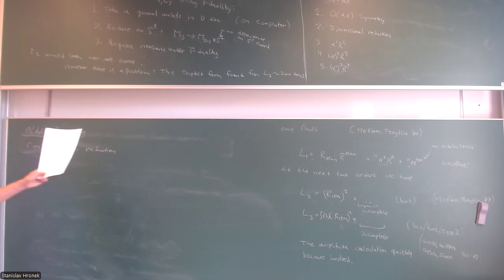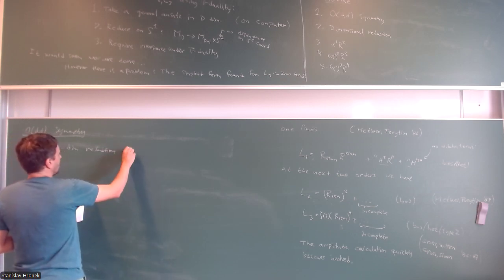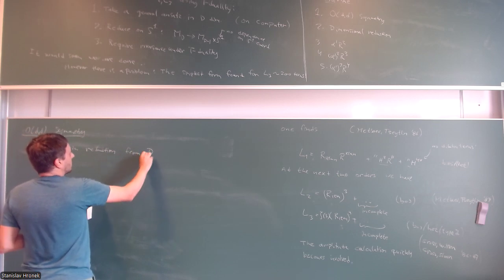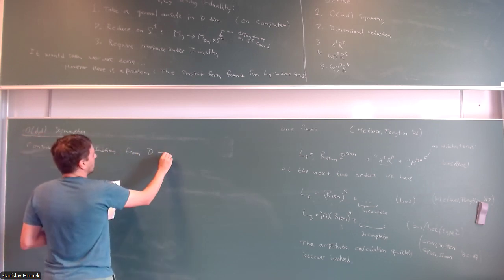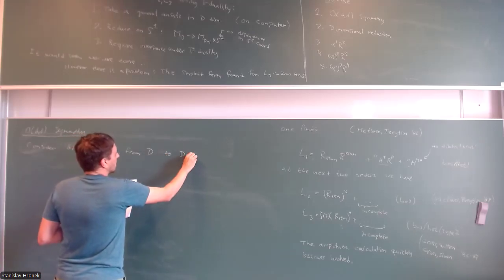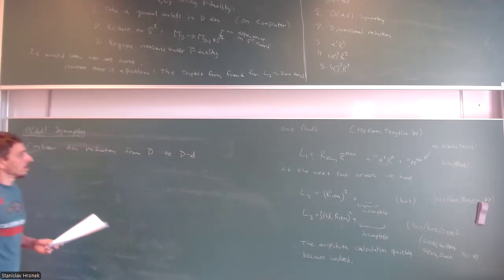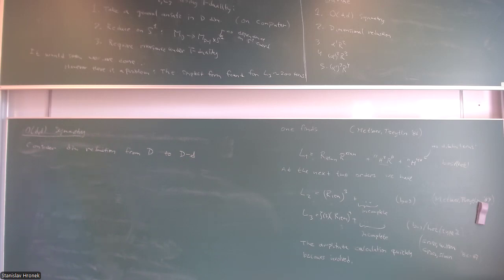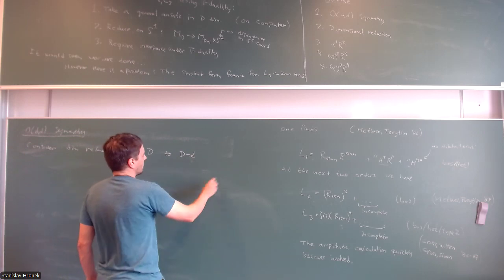But now, to not do like Kaluza-Klein and consider the dimensional reduction just on a circle, we'll reduce on an arbitrary number of dimensions. So we will reduce from capital D dimensions to capital D minus little d. So we will reduce on small d number of dimensions. Okay, so in the previous case, this little d was 1.